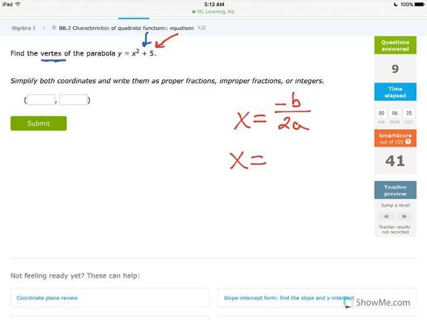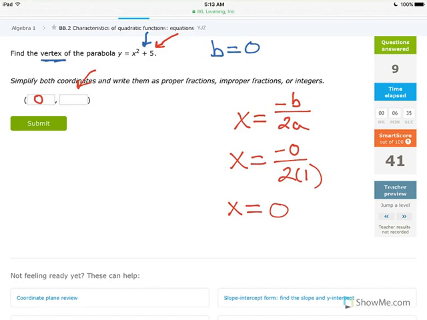So your b is going to be 0 in this case, since you have no middle term. So x equals -0 over 2 times the a value, which is 1, and 0 over any number, 0 over 2 is going to be 0. So we know the x coordinate is 0. And then we need to go find this missing y coordinate.